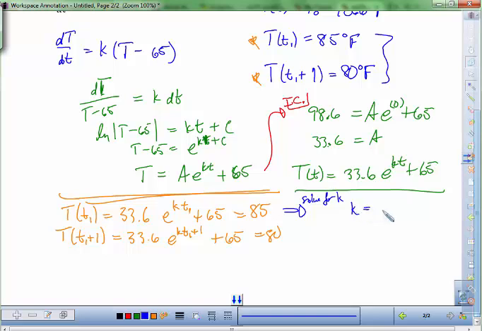So k is equal to 1 over t sub 1 ln of 85 minus 65 divided by 33.6. Boy, is that right? So bring this 65 over to the other side. That's 20. Divide by 33.6. Take the ln of both sides. And then divide by t sub 1.